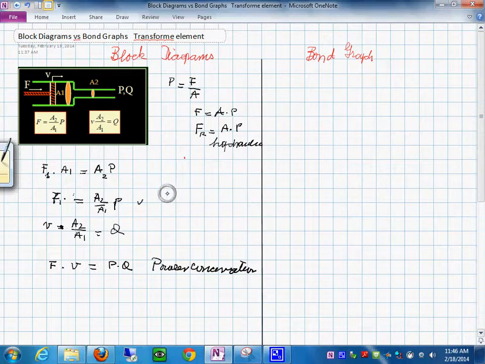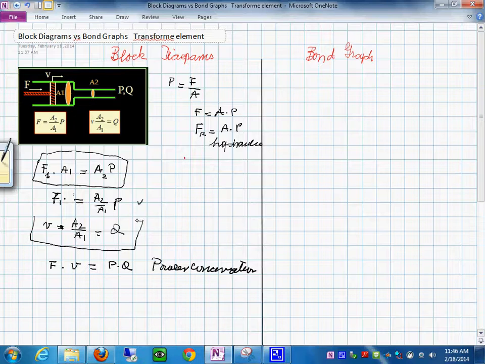What we're going to consider is that this element has these two equations.